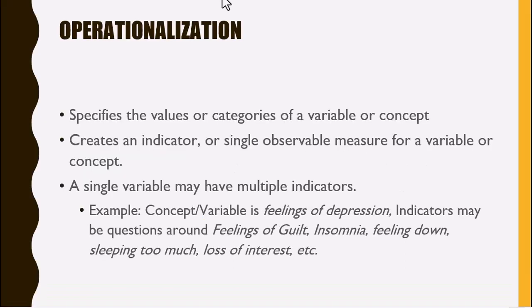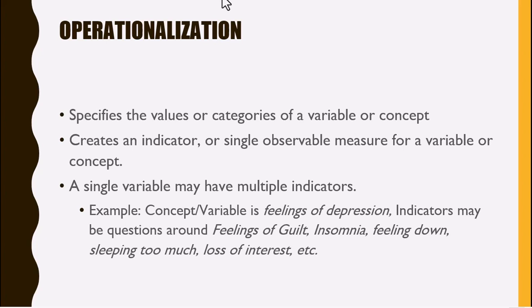Operationalization is the process we go through from taking our concept to actually measuring that concept. Here is where we specify the values or categories of our variable or concepts. This means we're going to create indicators or single observable measures for each aspect of our concept that we have identified. And so a single variable may have multiple indicators.